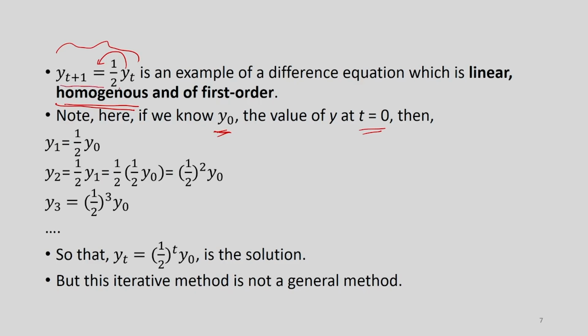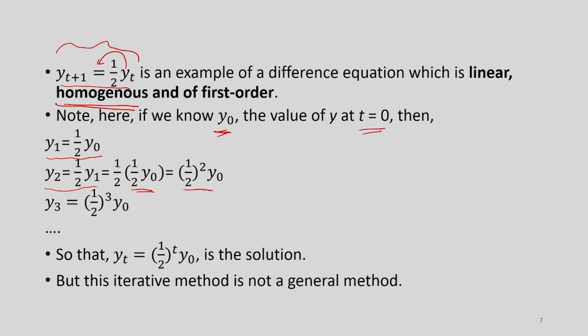From this equation I can immediately see that y t plus 1, that is y1, will be half of y t, that is in this case y0. So, I know y1. Similarly, y2 will be half of y1, but I already know y1. So, I substitute that here, and that gives me y2 as a function of y0.